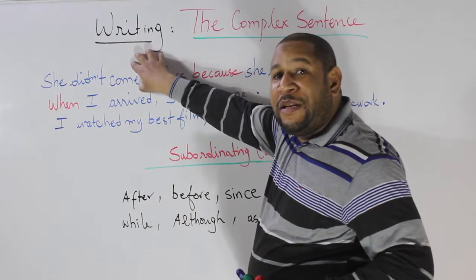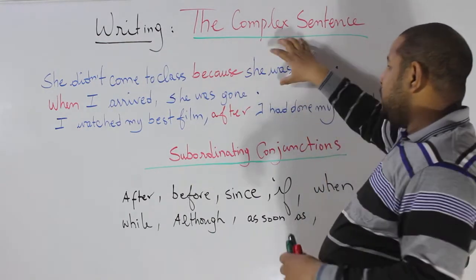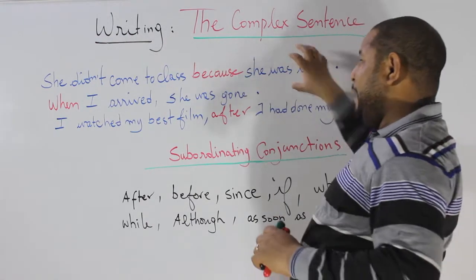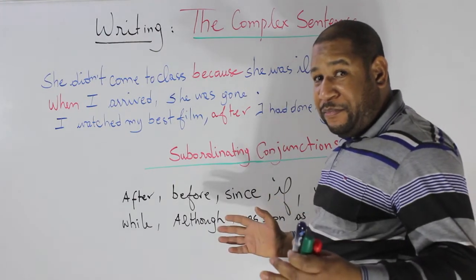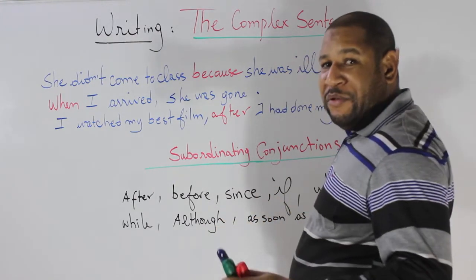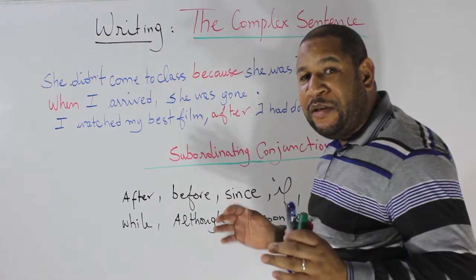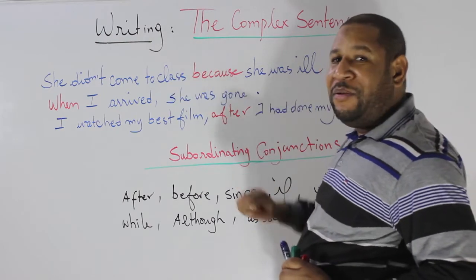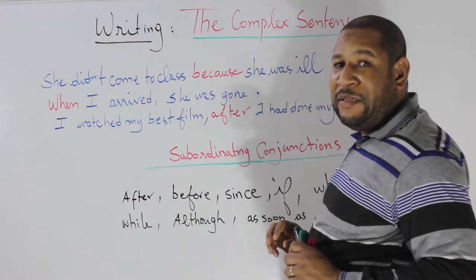We have one main clause, and the second one is a dependent clause. We can have two or three or more, but in order to write good and clear sentences, stick to one main clause, one independent clause, and one dependent clause.